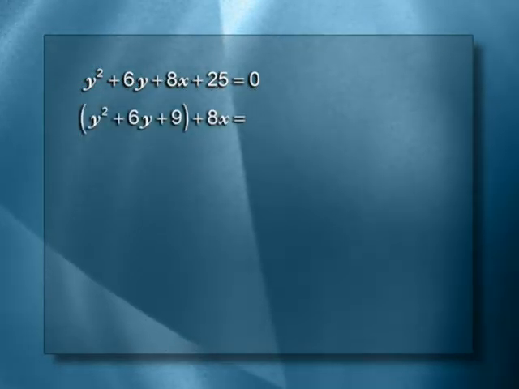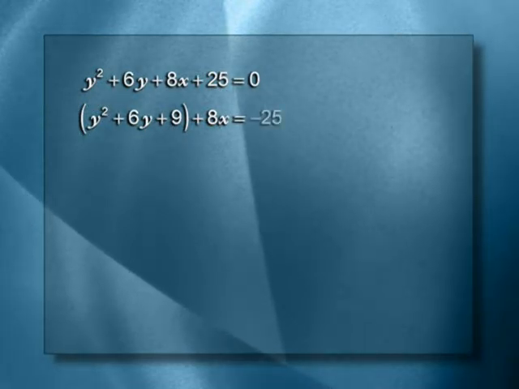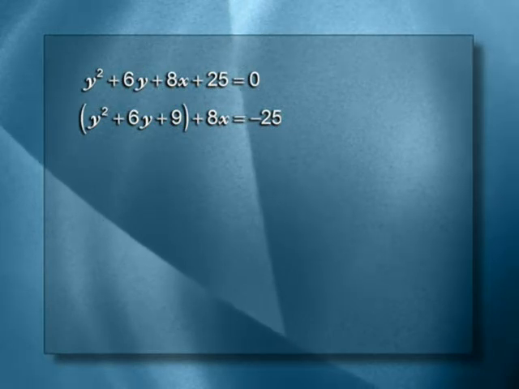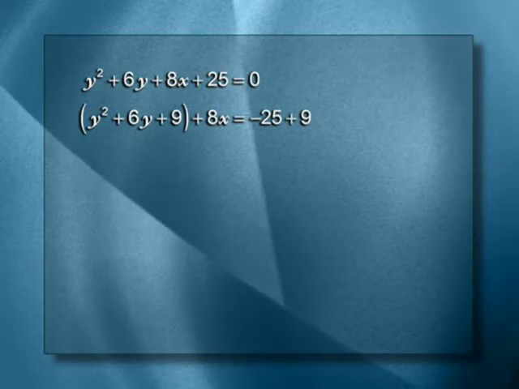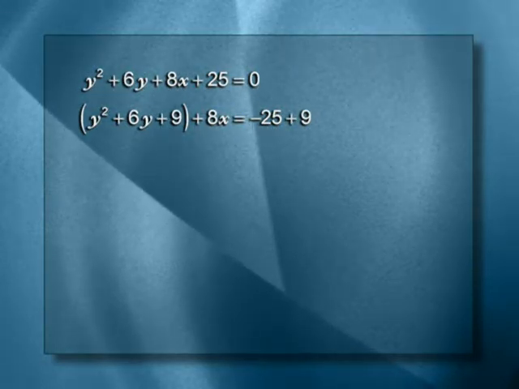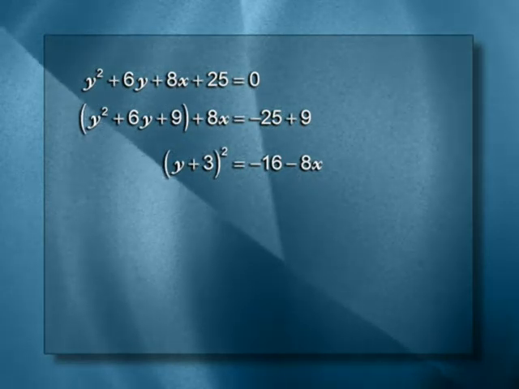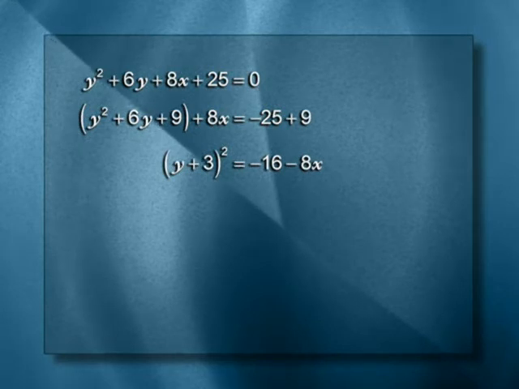Then I have the 8x. Now that 25 in the original equation, move it to the other side. And we changed the equation slightly because we added 9 to complete the square, so add a 9 to the other side as well. And so what do we have? We have y plus 3 quantity squared equals minus 16. That's minus 25 plus 9.